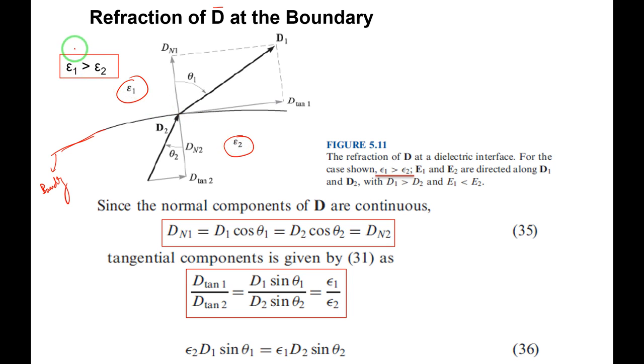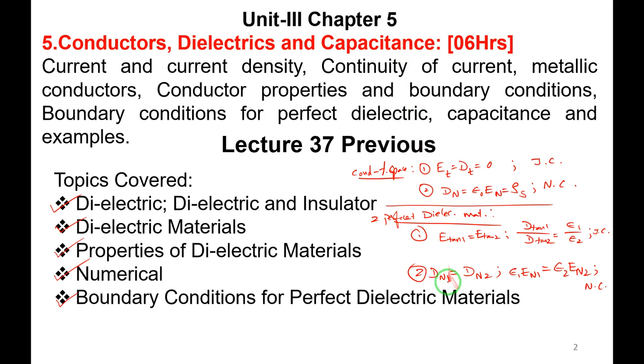And here one thing we are assuming is epsilon 1 is greater than epsilon 2, means the permittivity is larger in region 1 as compared to region 2, right? Assuming this, we will continue. And we have seen the boundary conditions, just listed out: Dn1 equal to Dn2, E tan 1 equal to E tan 2, right?